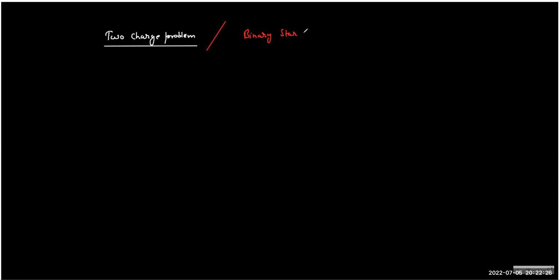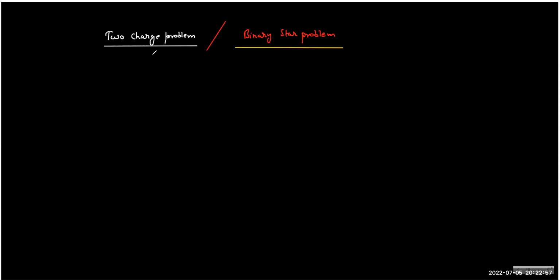So we have something called the binary star problem. First we'll try to understand why these problems are in place. Why we need to study all these things. We know that we have something like an atom, and if you look carefully, in an atom you have essentially a nucleus and orbiting electrons, right?